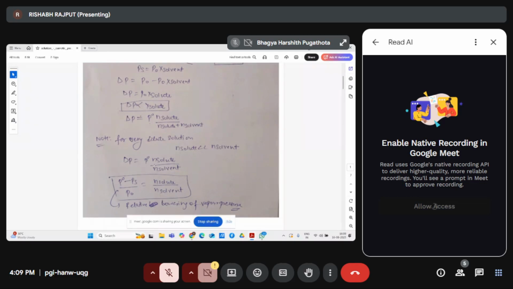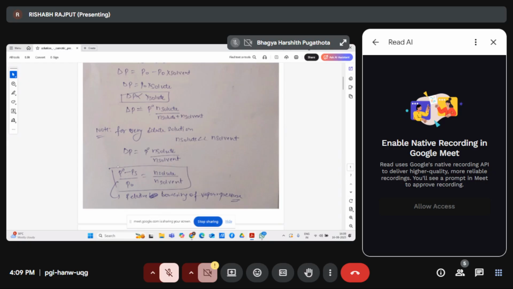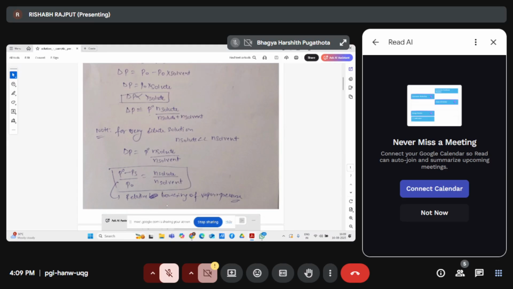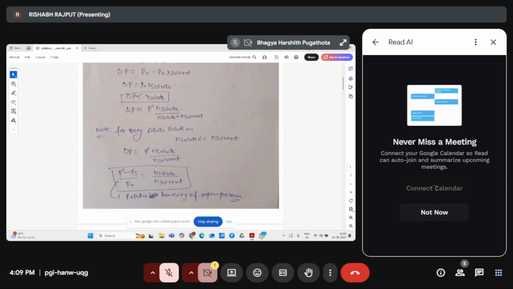And if you take the pure vapor pressure to the other side, we can write ΔP upon P naught, that is P naught minus Ps upon P naught. This is the relative lowering of vapor pressure, because the upper side represents the lowering of vapor pressure, how much the vapor pressure goes down, and dividing by P naught makes it relative. It is equal to the mole fraction of solute, which equals moles of solute upon moles of solvent.